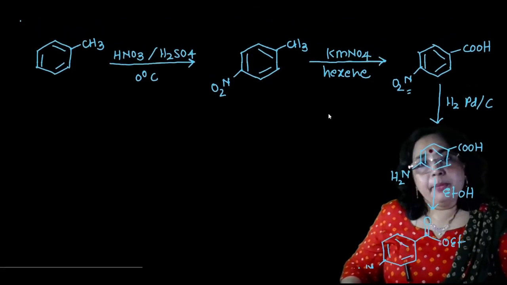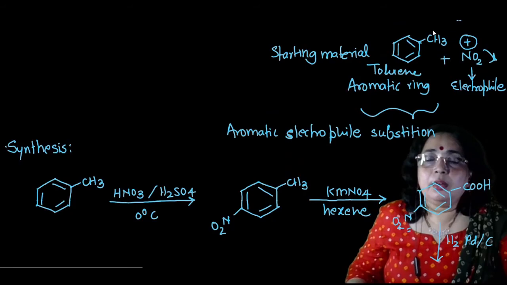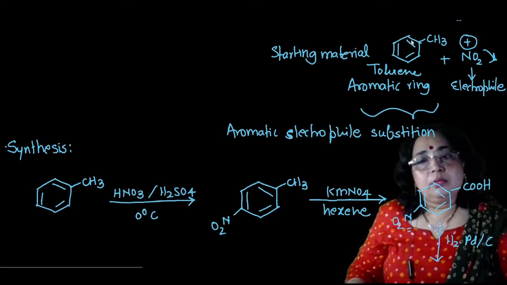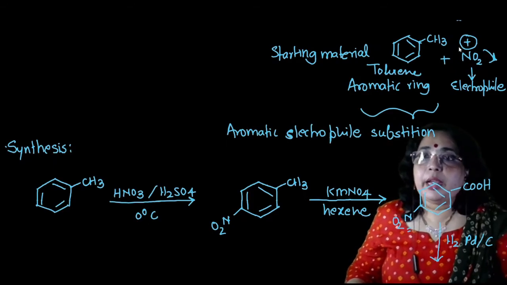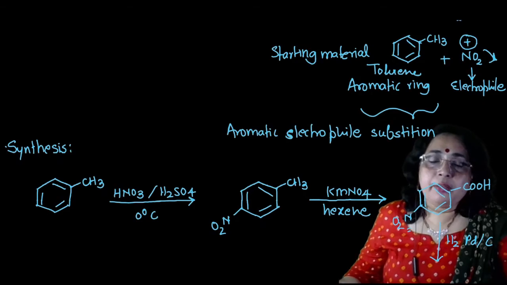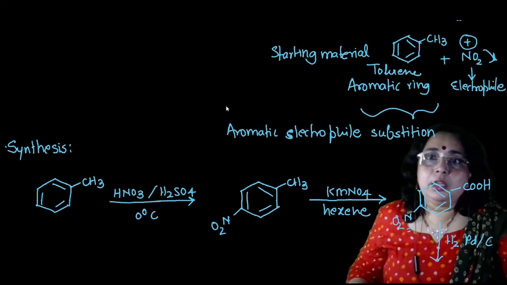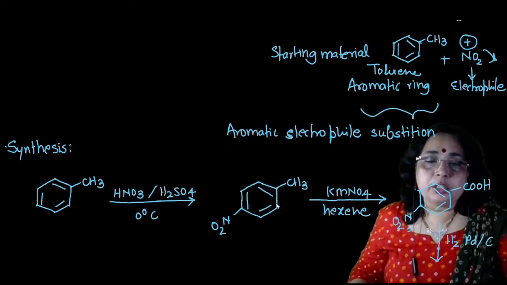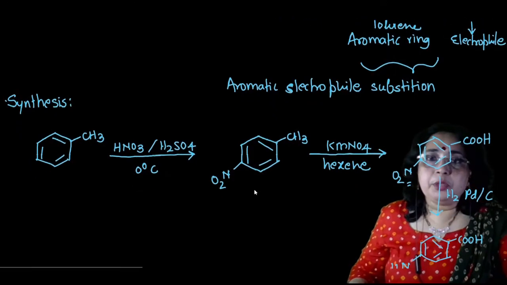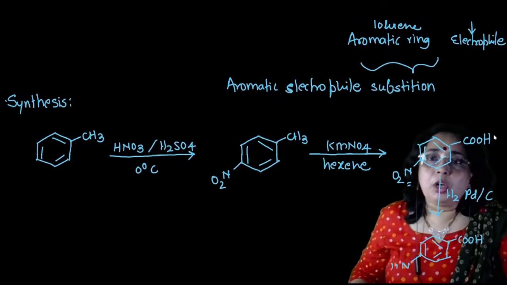So dear students, let me explain once again the synthetic part. Here I have first taken the toluene. You might have done the nitration of phenols and everything. You know that nitration means the electrophilic substitution reaction. So here I have done the electrophilic substitution reaction. Then I performed the oxidation of the molecule.